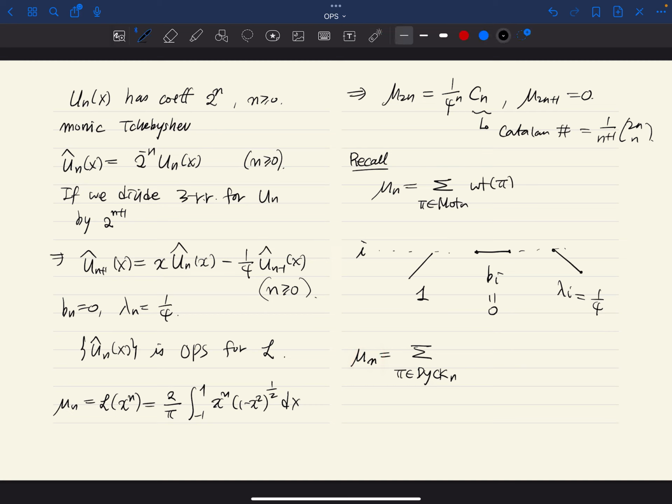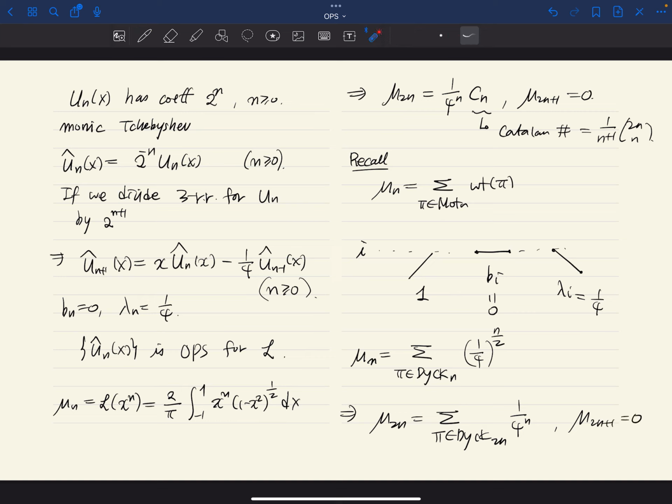And what is the weight? The weight is exactly the number of down steps, which is half of the length, so it's 1 over 4 to the n. So mu_2n equals the sum over Dyck paths of length 2n of 1 over 4 to the n, and mu_2n plus 1 equals 0.